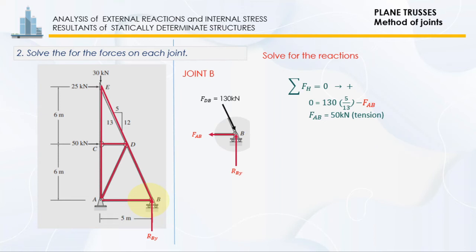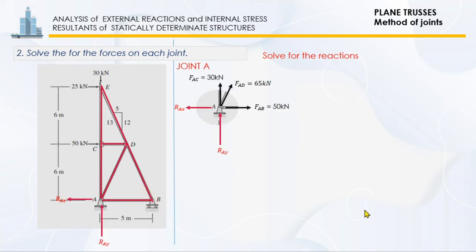Having determined all the member forces, we apply the remaining equilibrium equation, summation of forces vertical is equal to 0 at joint B, for us to calculate the support reaction RBY. From here, we could solve RBY is equal to 120 kilonewton. Its direction is upward.